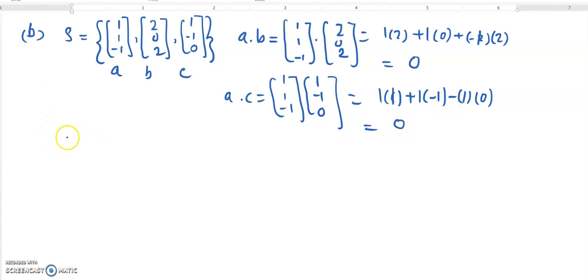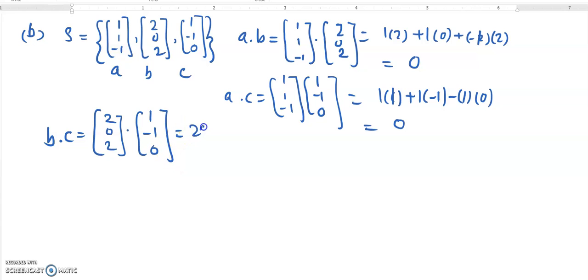Okay, and how about B dot C? 2 0 2 dot 1 minus 1 0, so it is 2 into 1 plus 0 into minus 1 plus 2 into 0. So this is 0, this is 0, but this is 2.